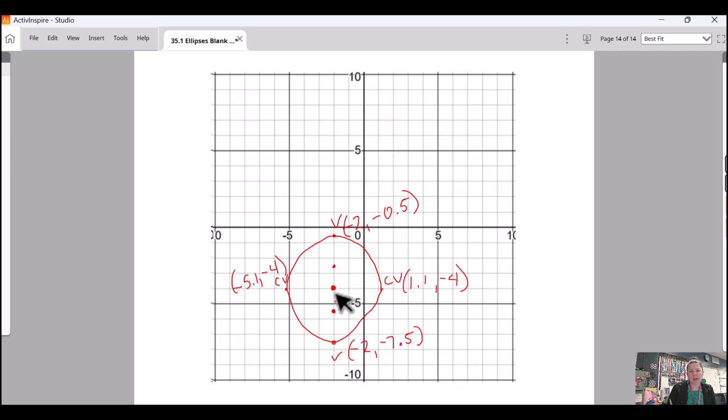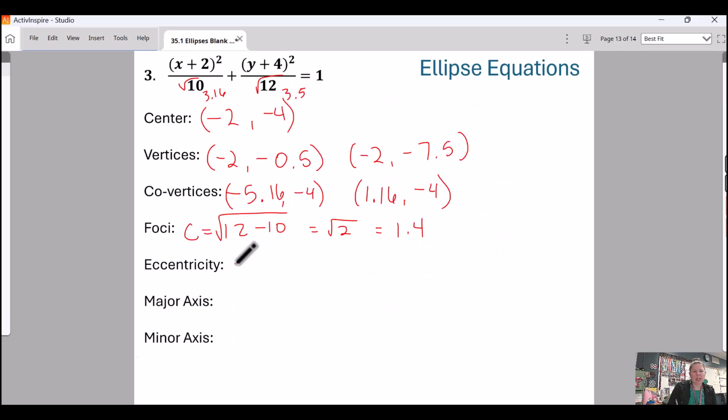So up 1.4, down 1.4, and so that's my focus point, and that's my focus point. And so then my eccentricity is this number over the larger number, so 1.4 over 3.5. And that gives me 0.4.